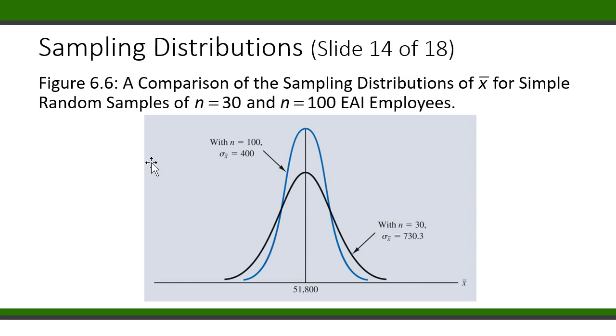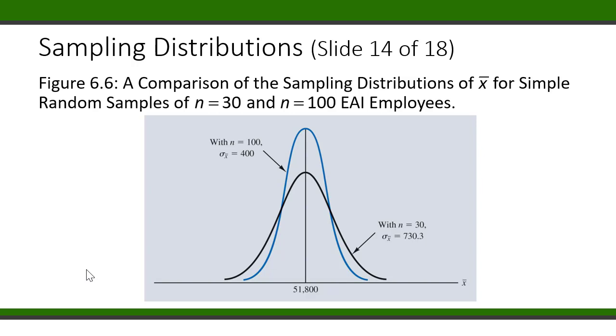So what happens if your sample size increases? By example here, if we have a sample size of 30, we can see the standard deviation is around 730. If we increase that sample size to 100, that's the blue line here, we can see the standard deviation becomes much smaller, so we're not having as much dispersion.